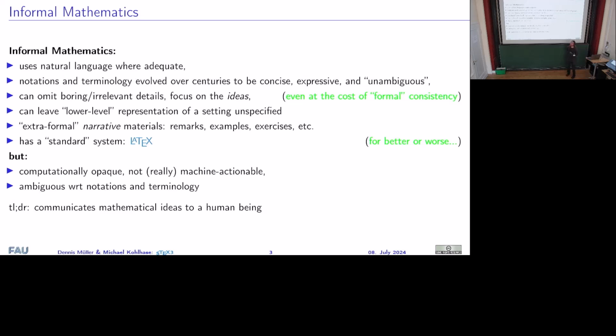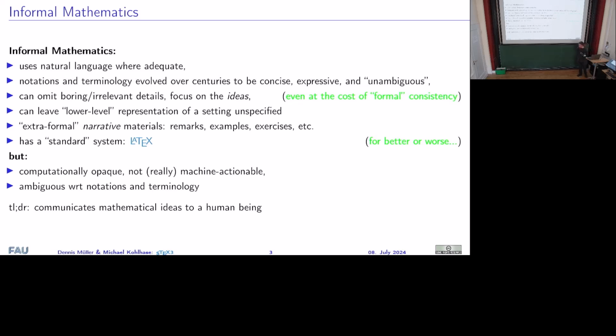Comparing that to informal mathematics, the TLDR again is obviously that here the point is to communicate mathematical ideas to other human beings. And that gives us a lot more flexibility. First and foremost, we can actually use natural language, which is nice. We don't have to learn a formal one. The flip side of that, of course, is that it might be the wrong natural language.